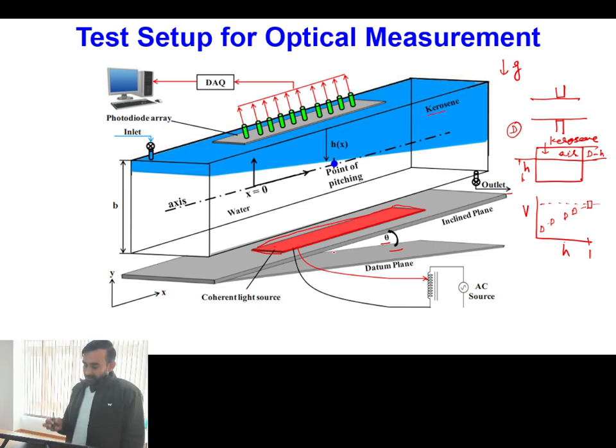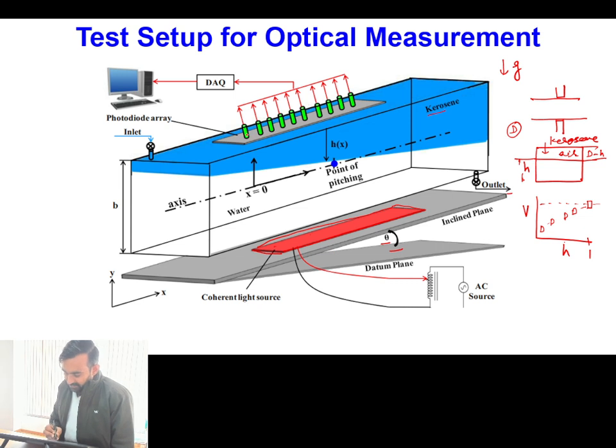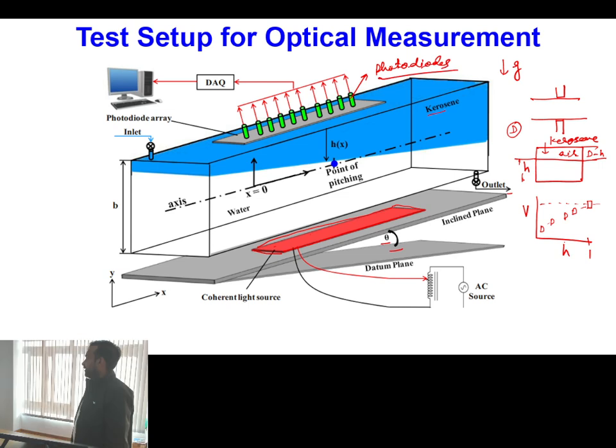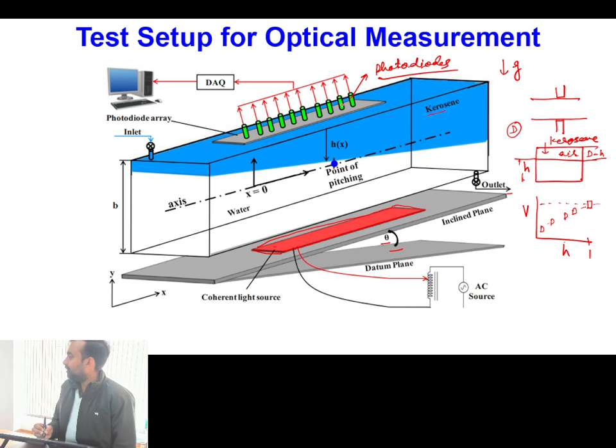Okay, and in the top portion of the tank, these green colored things are nothing but photodiodes. Okay, so these are different photodiodes. So what will happen is that this light will pass through the medium and each photodiode will sense the height of kerosene and height of water corresponding to that diode, and accordingly it will give the value of the voltage signal.